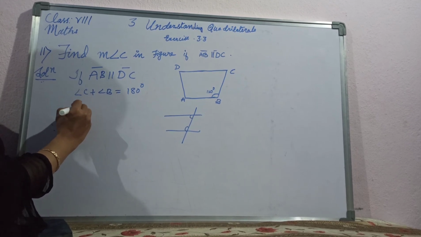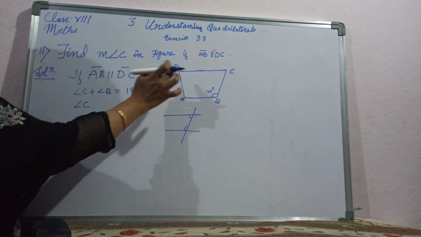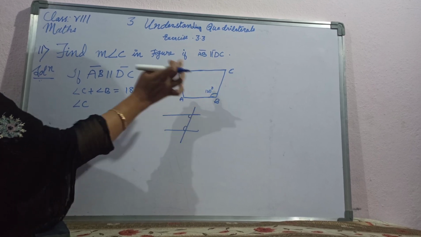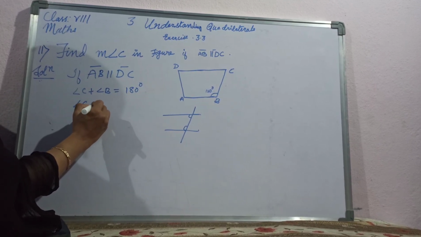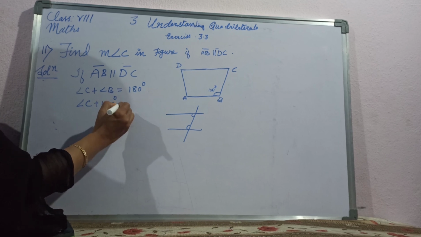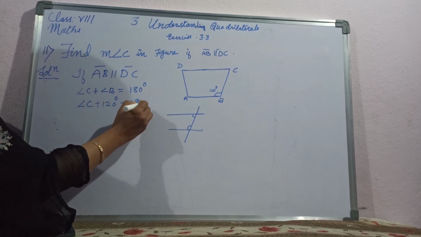What is angle C? We don't know. We are supposed to find the measure of angle C, but we know the measure of angle B is 120 degrees. Angle C plus angle B is equal to 180 degrees.